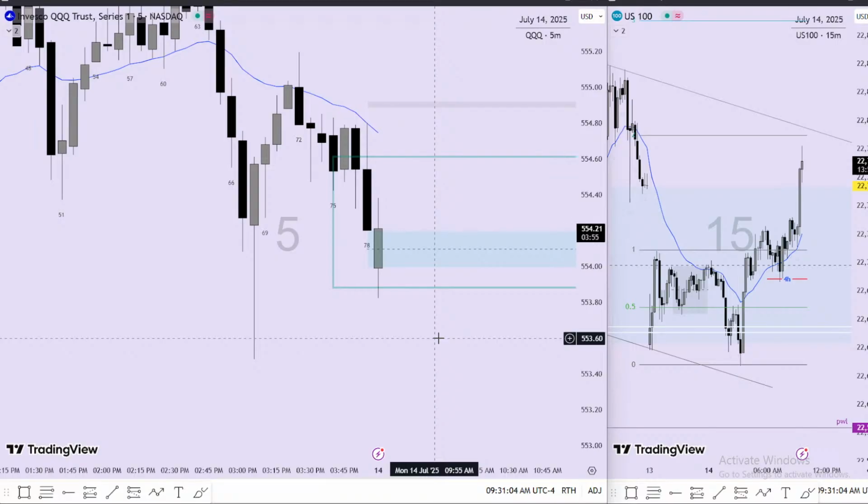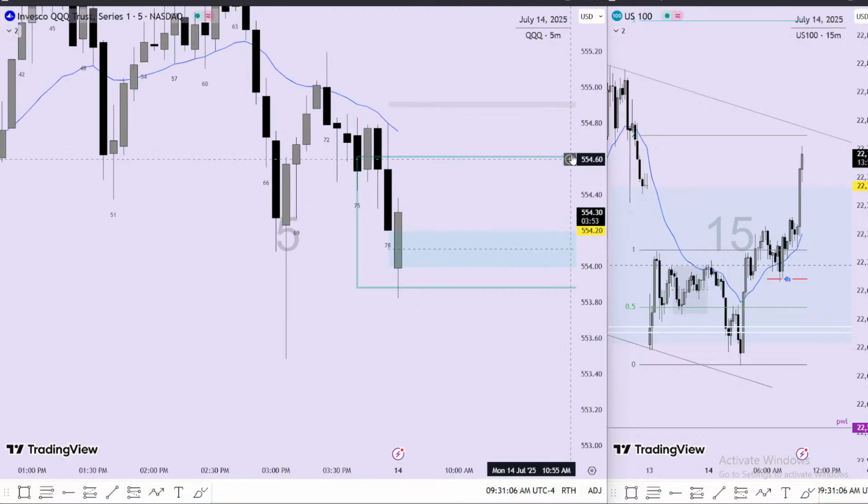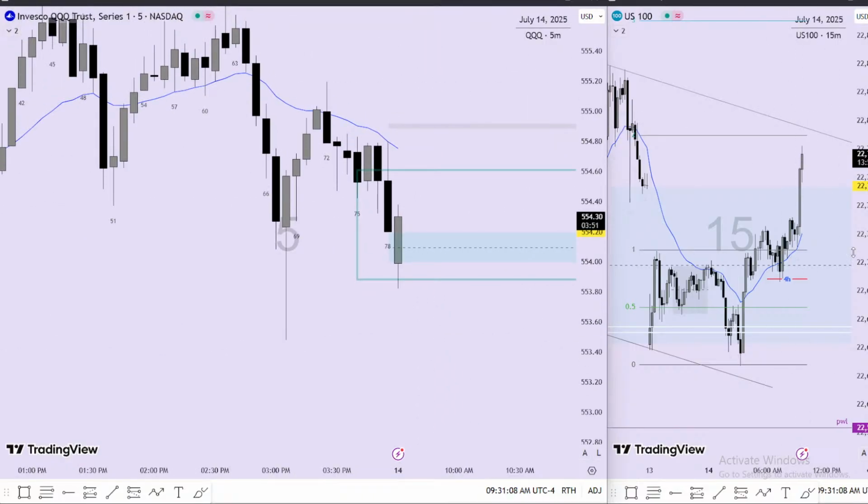I'm watching how the first 5 minutes are going to close. Basically, the first 15 minutes is going to create the initial range, and I'm trading the breakout of that initial range.